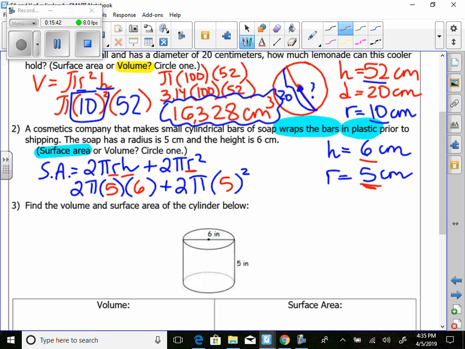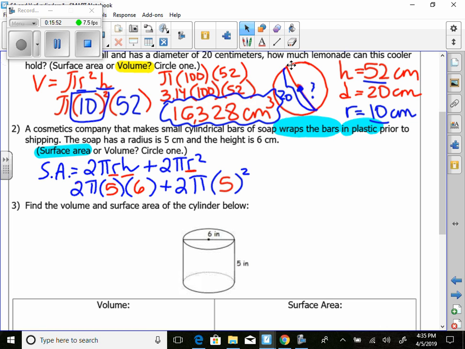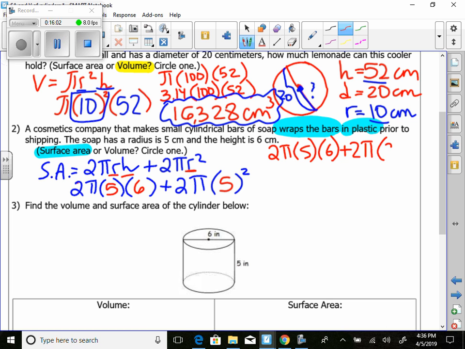2 pi r. R is 5. Again, follow order of operations, and simplify our exponent first. I'm going to erase this part and just write my steps on the side. So 2 times pi times 5 times 6, 2 times pi times 25. Okay. Now I need to multiply these parts and then add them together. I'm not going to rewrite pi as 3.14, but this is what I'm going to put in my calculator.